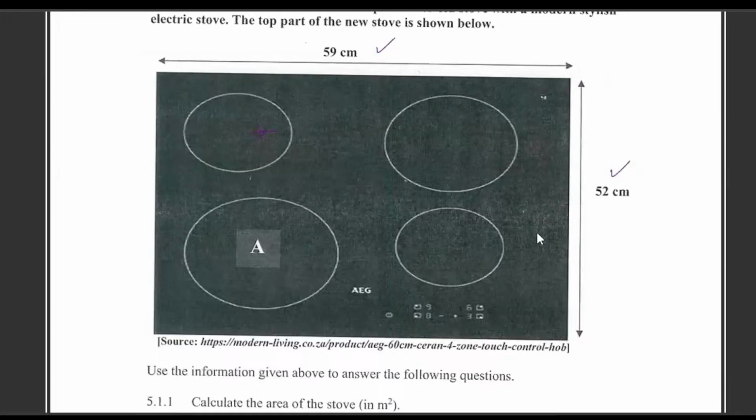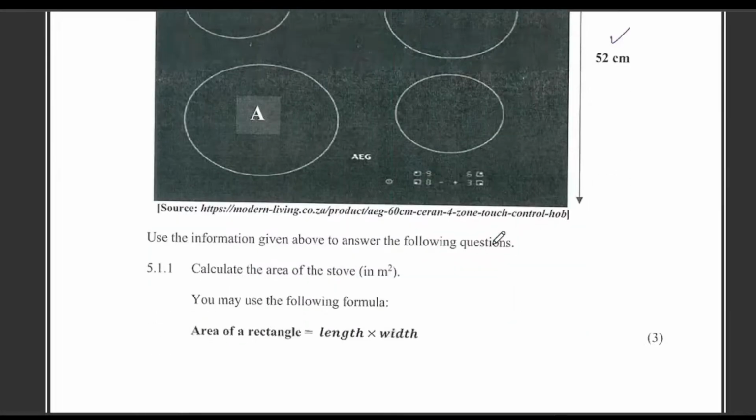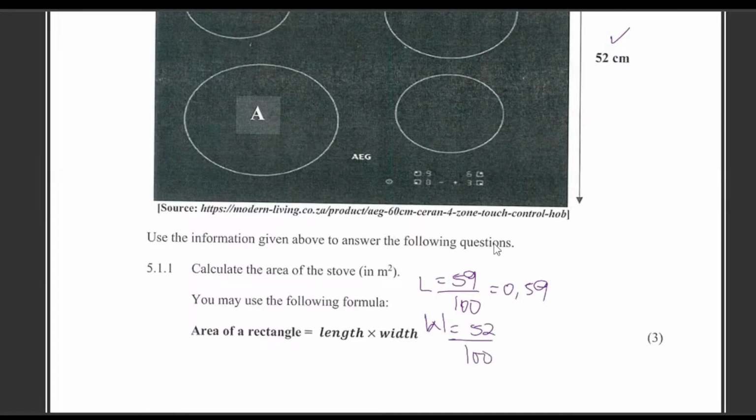We are going to change the 59 centimeters, so our length will be 59 divided by 100, whereas our width or breadth will be 52 divided by 100. The answer is needed in meters, so it's good to go. I just come and substitute.